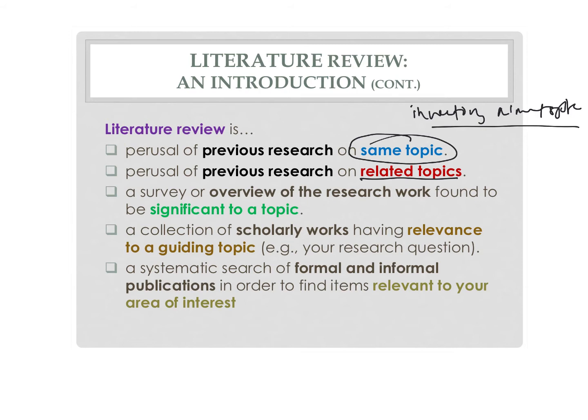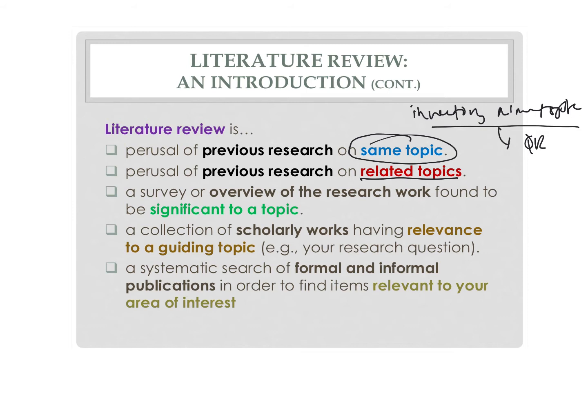And also any other related topic. Apa related topic? Maybe you want to use a QR code as part of the inventory management system. So you want to develop an inventory management system using QR code.